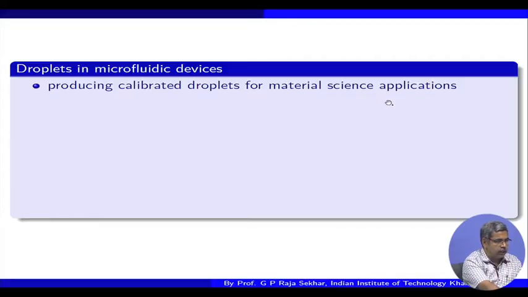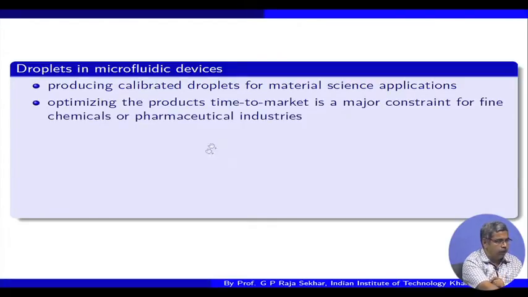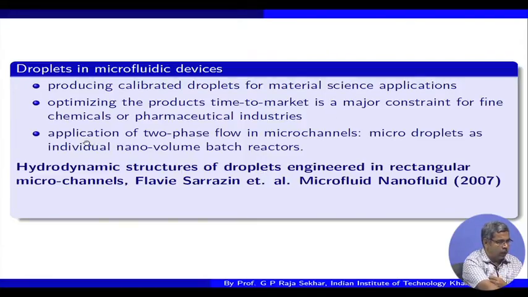For various material science applications, you need exactly a droplet of a particular size. Okay. So, in order to speed up some reaction processes and to speed up products to market, they require micro droplets as individual nano volume batch reactors. Okay. So, that is a very important application.